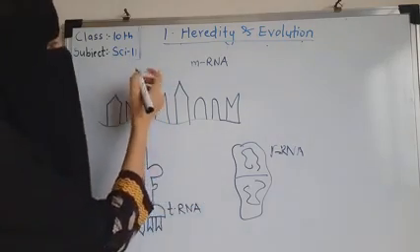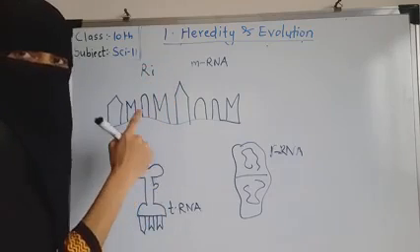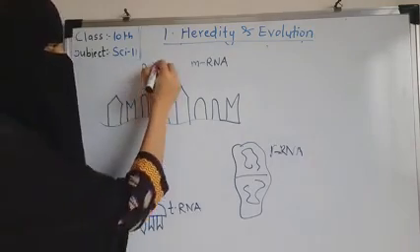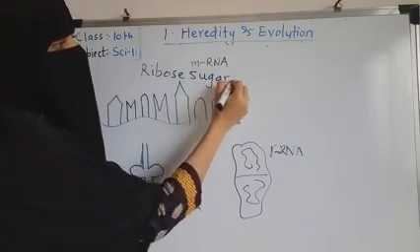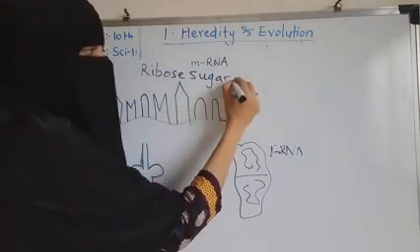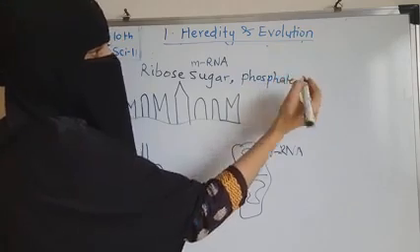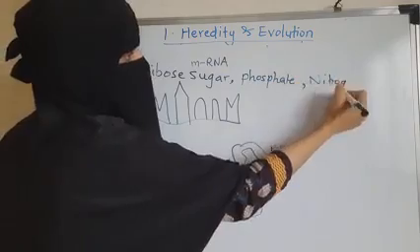Again see here, DNA was made up of pentose sugar, and RNA is made up of ribose sugar. Ribose sugar is one molecule, then the other is phosphate molecule or phosphoric acid, and nitrogenous bases.